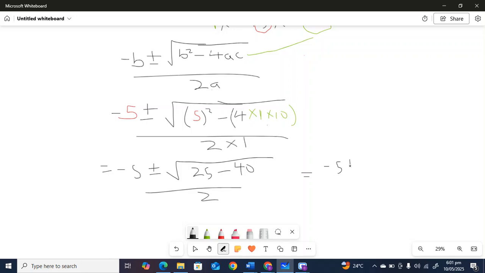When you have a negative number in the square root here, 25 minus 40, that's minus 15. Okay. So if you try to put in your calculator the square root of 15, see what the calculator tells you.